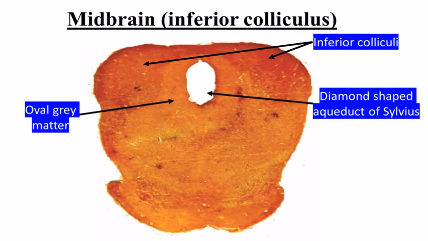Here is the midbrain, inferior colliculus. I'm going to divide it as well into the tectum. In the tectum here, I can see the inferior colliculus. It appears as one oval mass.